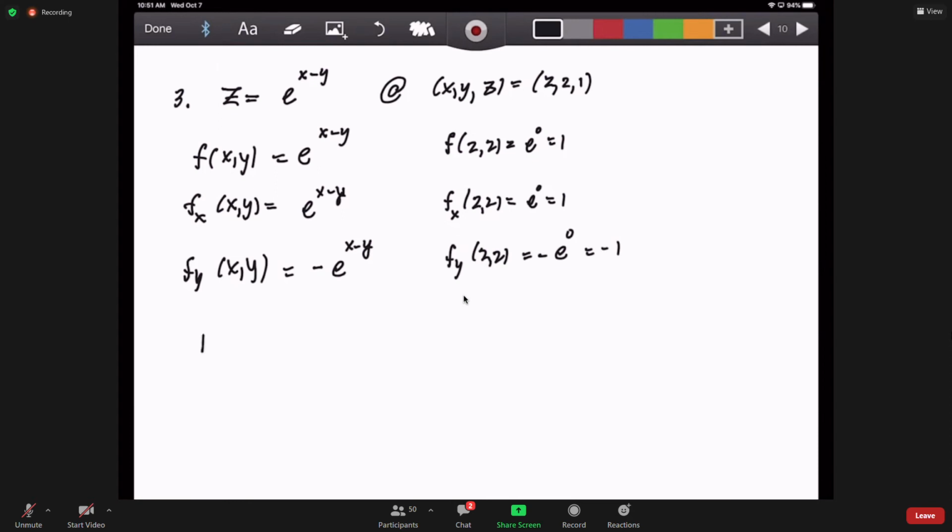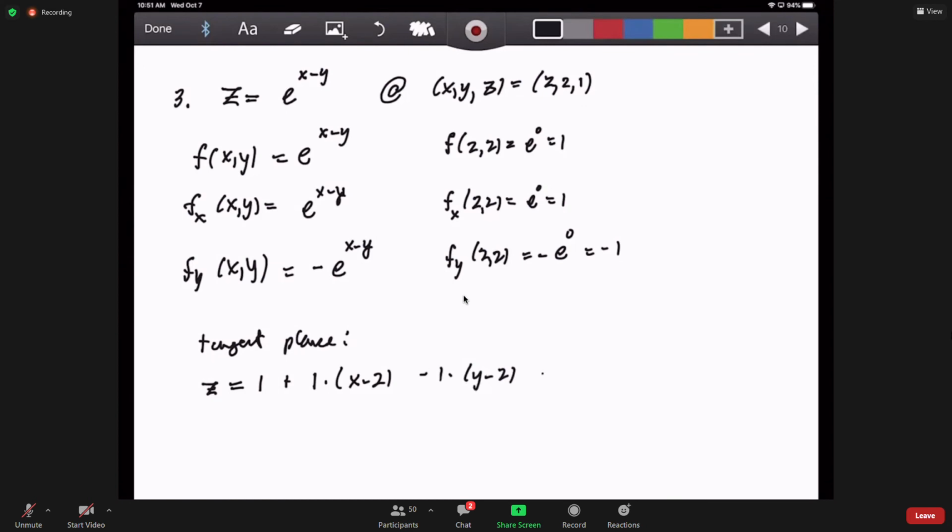So the tangent plane looks like z equals 1 plus 1 times (x minus 2) plus negative 1 times (y minus 2).